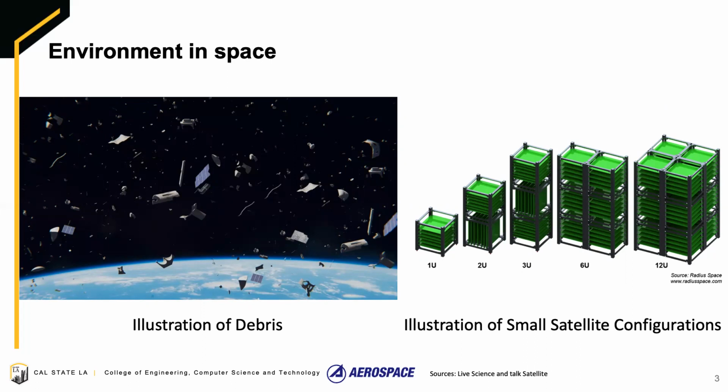The illustration on the right has small satellites, where one U size consists of length, width, and height, each being 10 centimeters. A 1U small satellite may be configured into 2U, 3U, 6U, and 12U as shown here, and many other configurations.